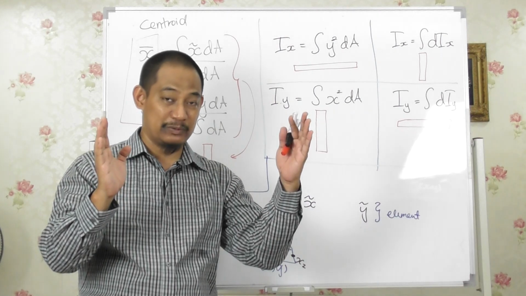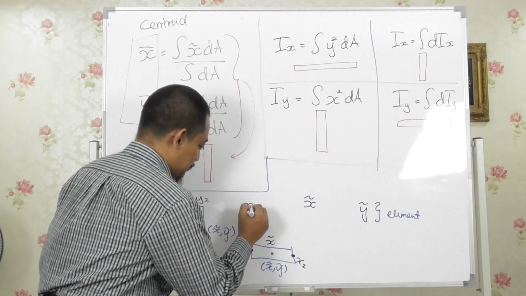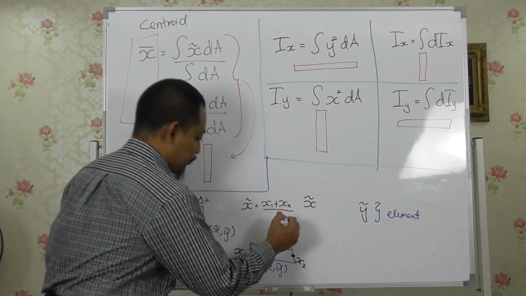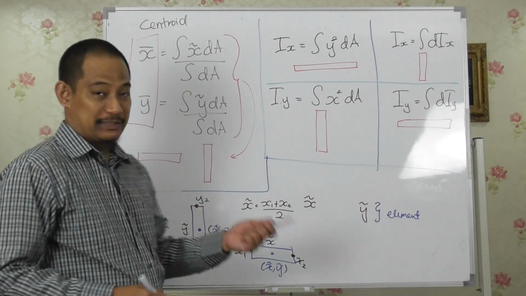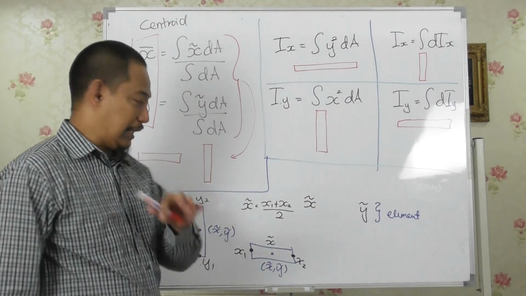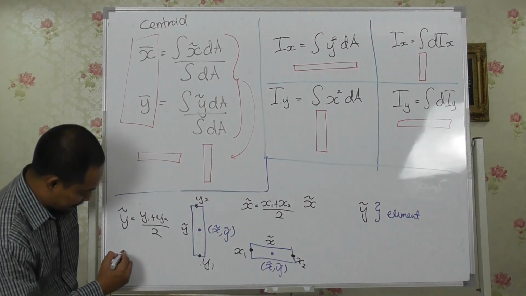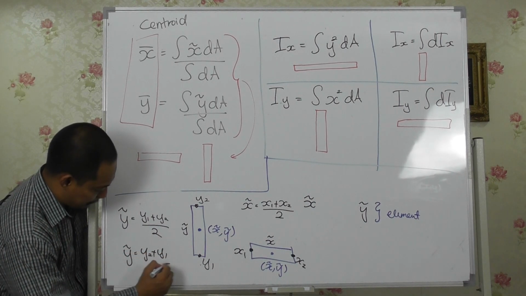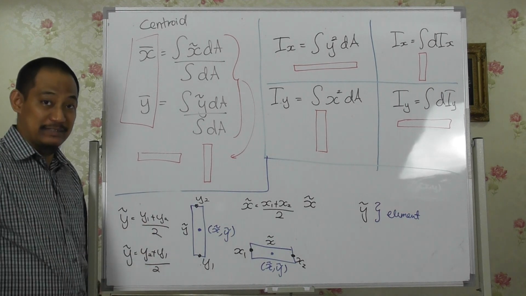Whatever value, you take the average, it becomes the middle. So then x wave is x1 plus x2 over 2. Or you can also put x2 plus x1. And sometimes I do prefer that one. Okay, let me rewrite. Y wave is y2 plus y1 over 2. Why do I prefer this one than this one? It's the same, right?